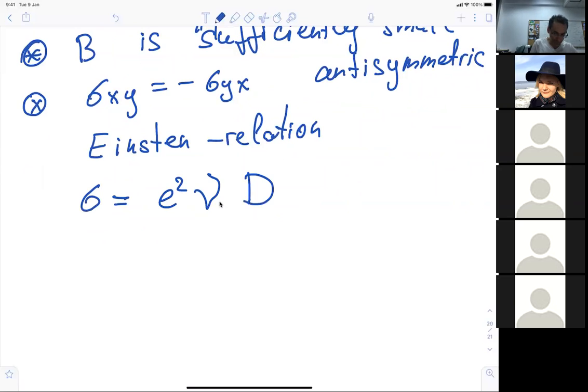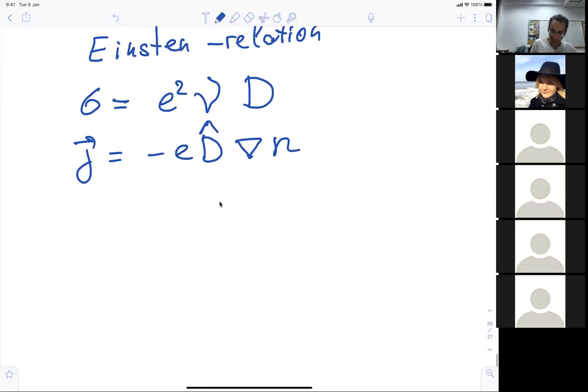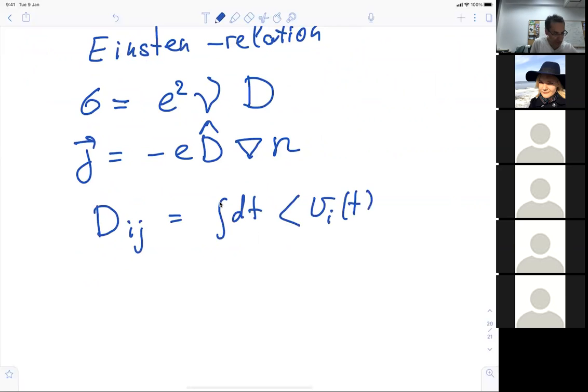However, there is a diffusion current which is not necessarily parallel to the gradient of density. In this case, the diffusion constant is not a constant, but a tensor or a matrix, which is formally defined as a correlation function of velocities, component i, component j, integral from 0 to infinity.